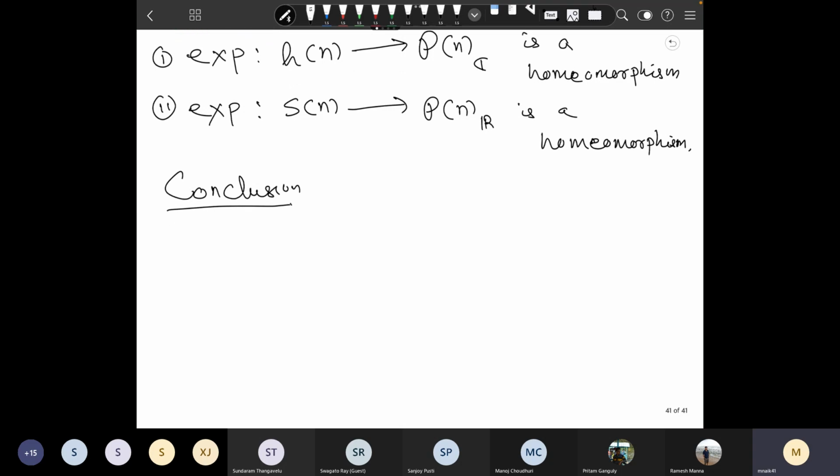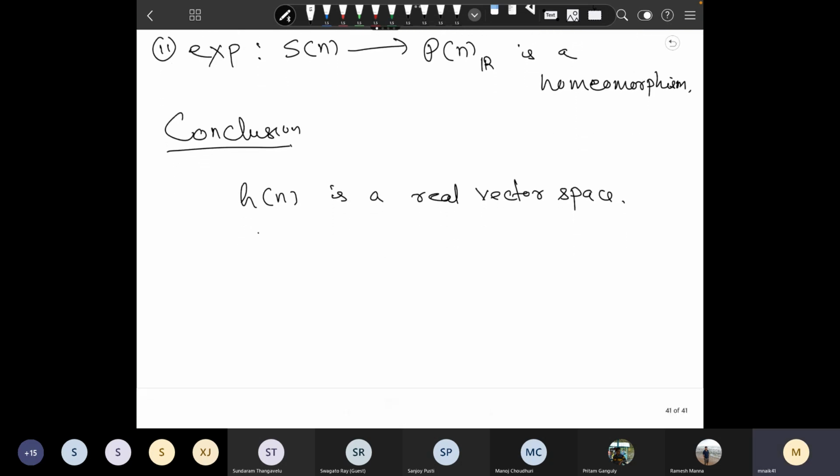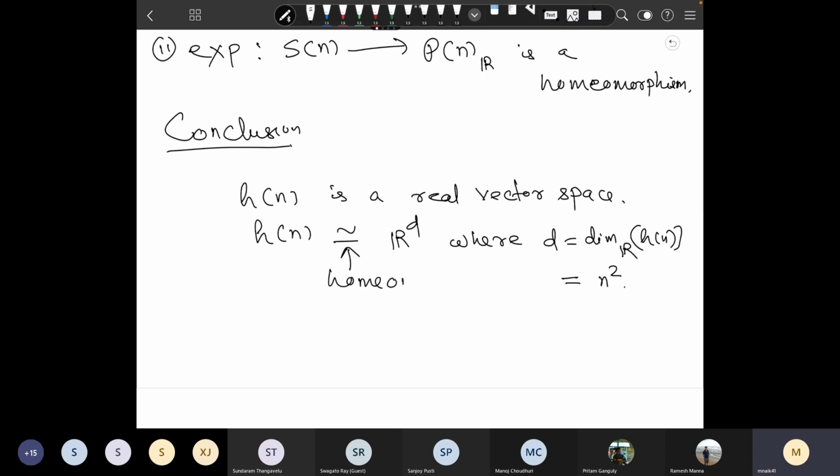So see, the thing is H_n. I have told you this is a real vector space. Now that means H_n is topologically homeomorphic to something like R to the power d, where d is the dimension of H_n over R. This number is not important, but you can calculate that. This is something like n squared.